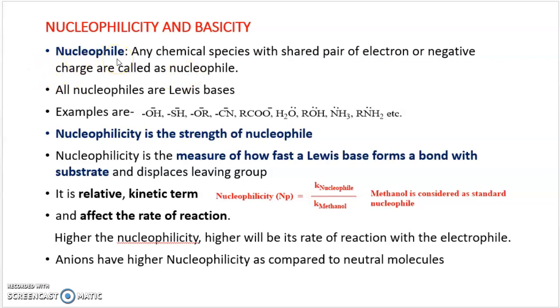This is also applicable to bases. According to the Lewis base definition, Lewis bases are chemical species having a lone pair of electrons to donate. So we can say that nucleophiles can be called Lewis bases.